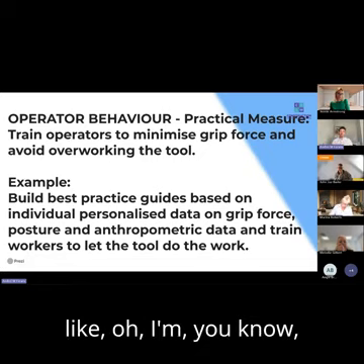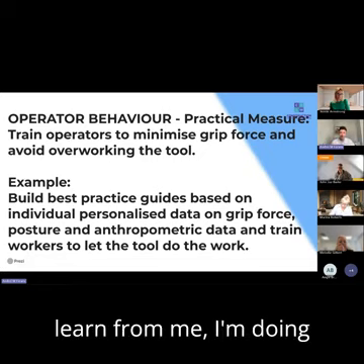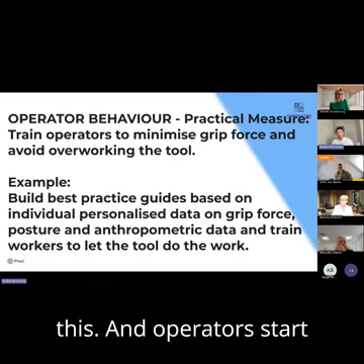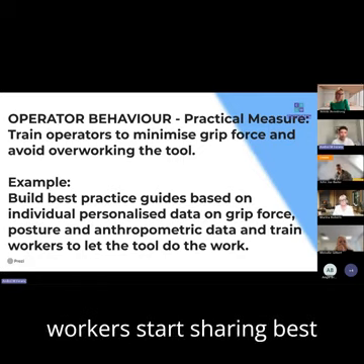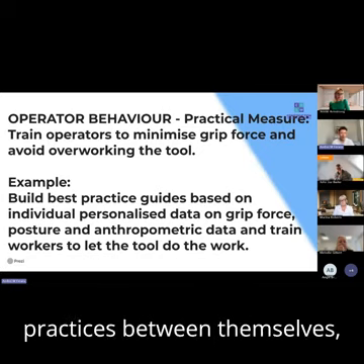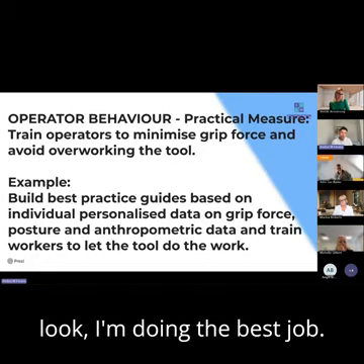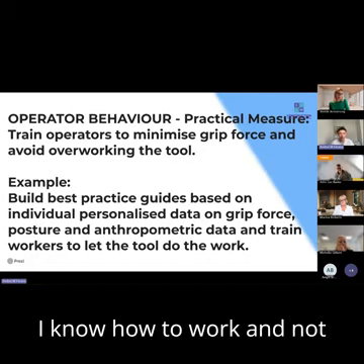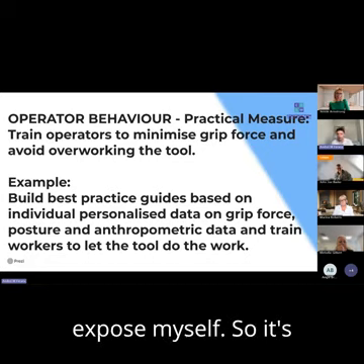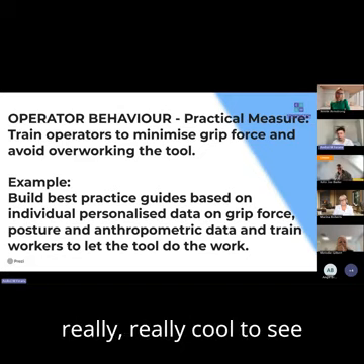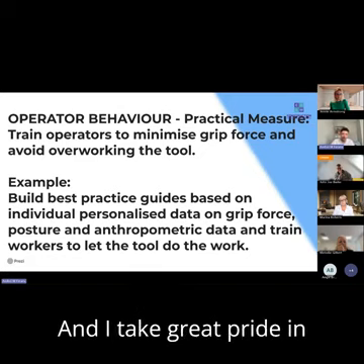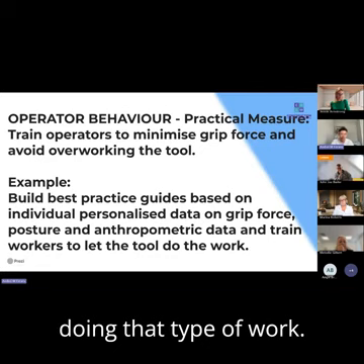So operators say, oh, learn from me, I'm doing this, and construction workers start sharing best practices between themselves, just because now they have data to back it up and say, look, I'm doing the best job, I know how to work and not expose myself. So it's really, really cool to see when that happens on site, and I take great pride in doing that type of work.